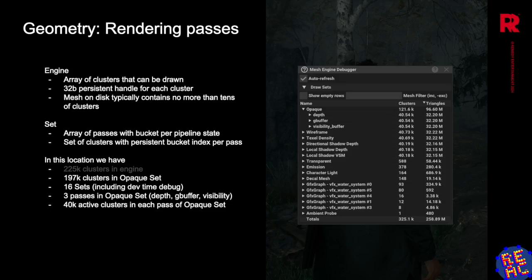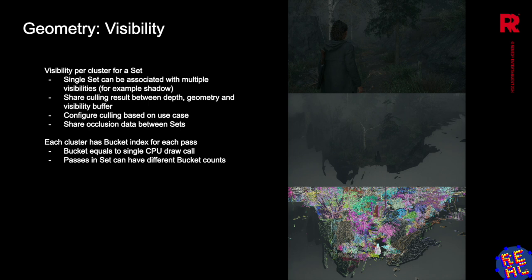Before we dive deeper into the implementation, let's add in the container that we use for storing visibility. Since the set is just a collection of geometry, we sometimes want to resolve visibility for the same set of geometry from multiple viewports. Rendering into shadow map is a good example of this. The visibility is a separate container that is always associated with one set of clusters.